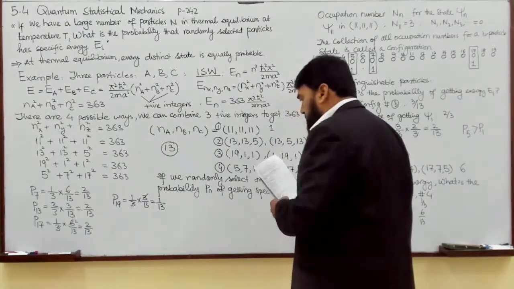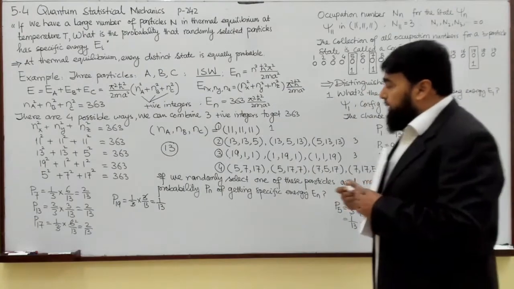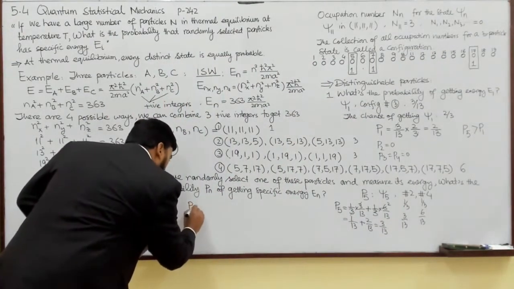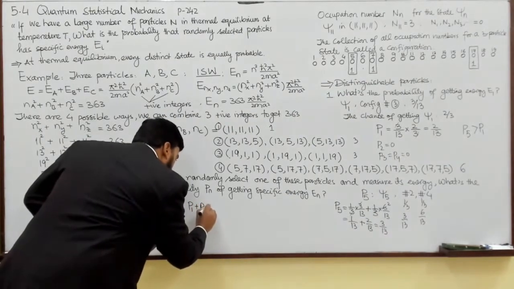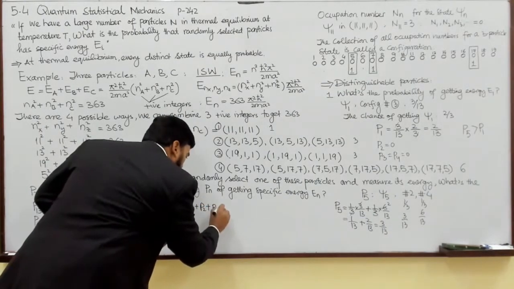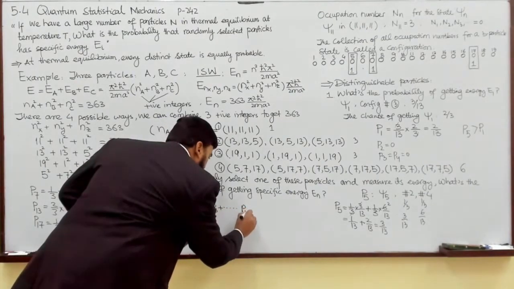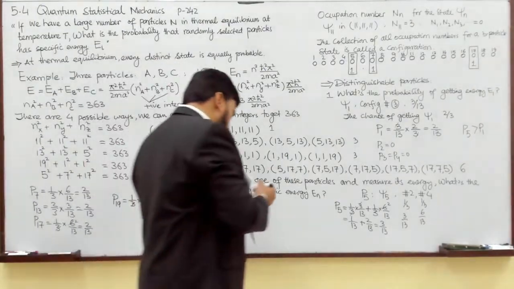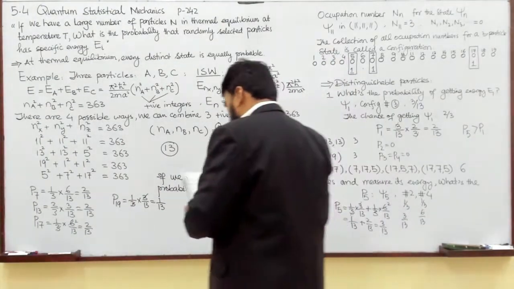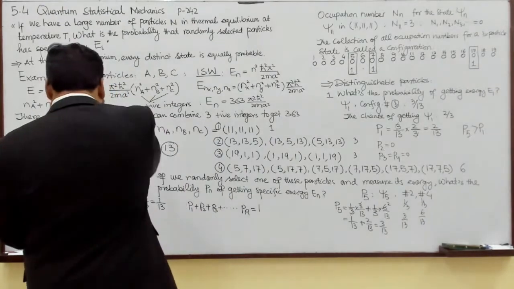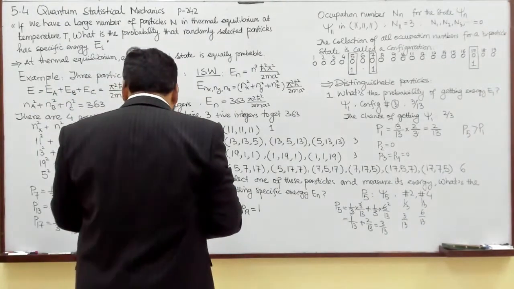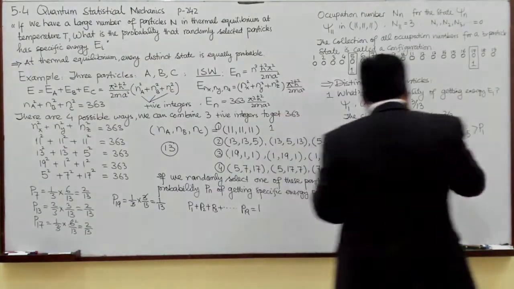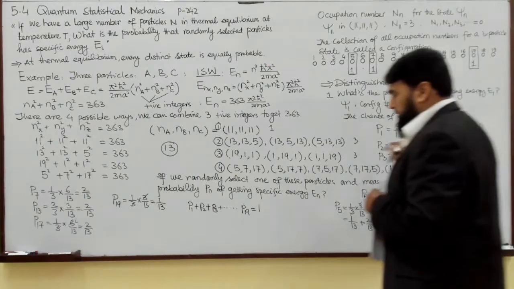Now, this should be true that if we add up all the probabilities, from P1 to P2, P3, and all these up to P19, we should get 1 here. So I can do this thing. We are having P1, which we calculated here, which is 2 over 13.